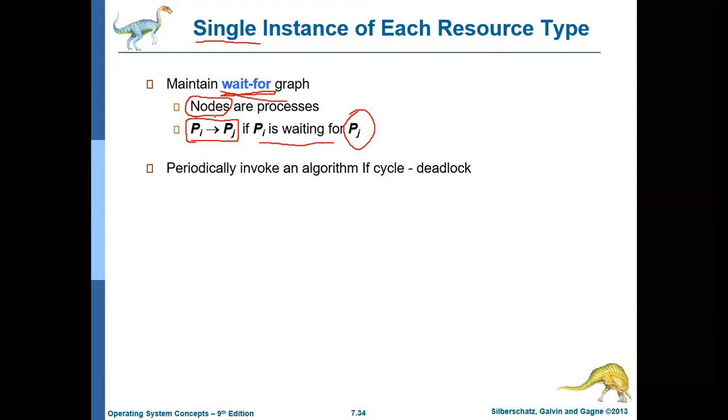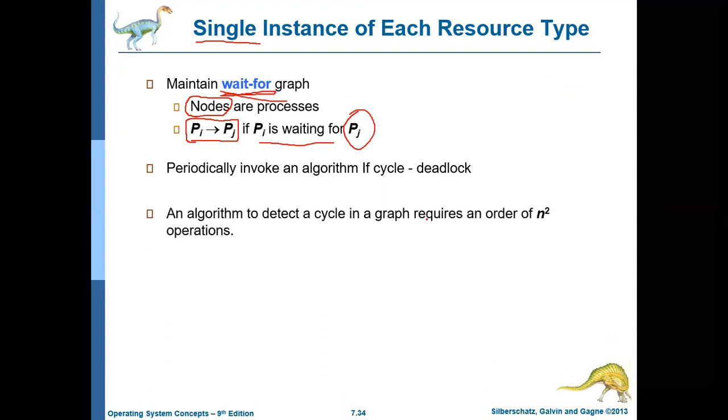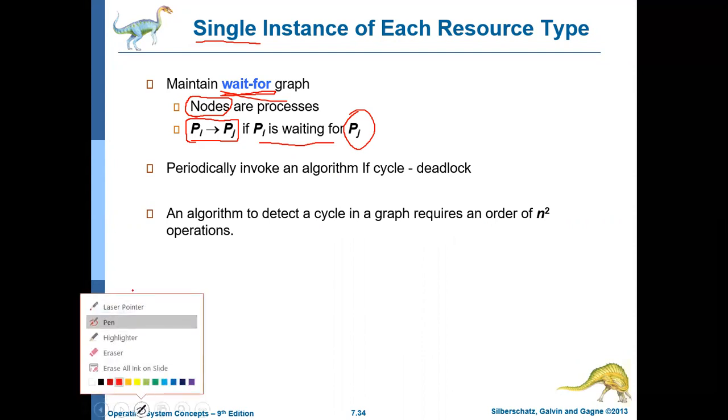If a cycle exists in the wait-for graph, then it means there is a deadlock. This algorithm requires an order of n squared operations, where n is the number of processes.